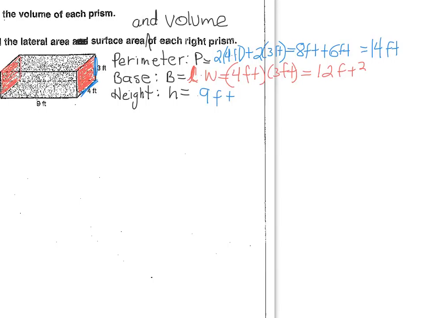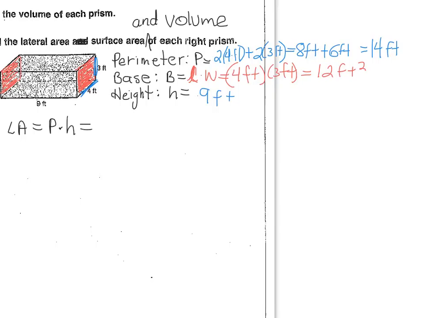Now that I have my 3 main pieces that I need for the lateral area, the surface area, and the volume: for lateral area, as we mentioned on the foldables, on those prisms, the lateral area is the perimeter times the height.